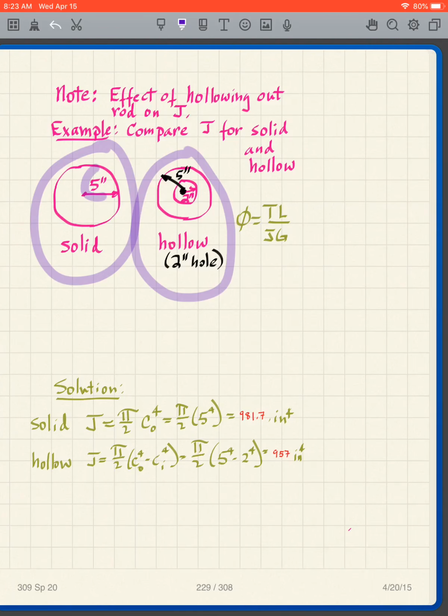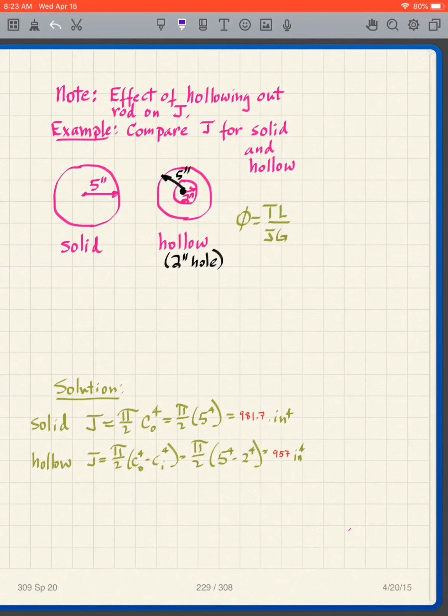They both have a 5-inch outer radius. The solid one has no inner radius. The hollow one has a 2-inch inner radius. What are the differences between the polar moment of inertia for these two cases?